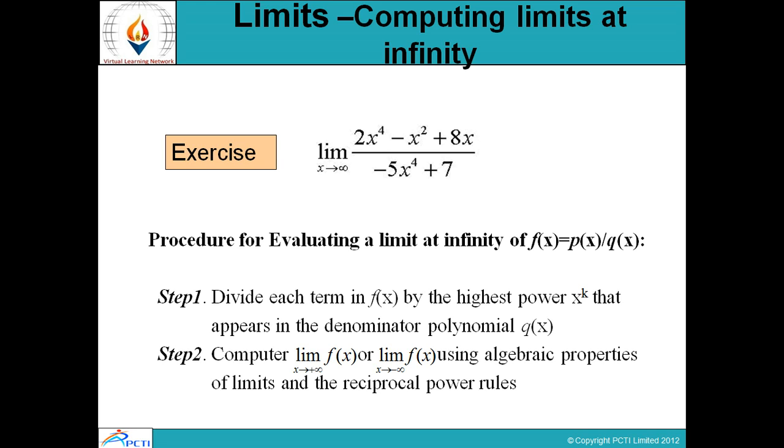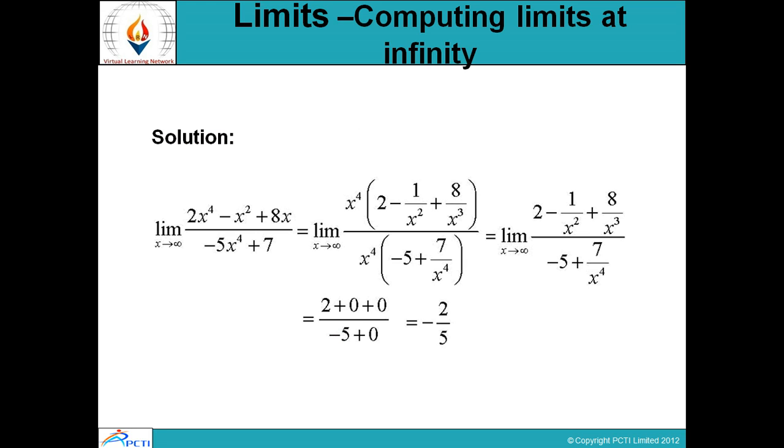Step 2. Compute the limit as x tends to infinity or minus infinity of f(x) using algebraic properties of limits and the reciprocal power rules. Solution: we divide all the terms by x^4. So we get (2 minus 1 upon x square plus 8 upon x cube) divided by (minus 5 plus 7 by x^4).